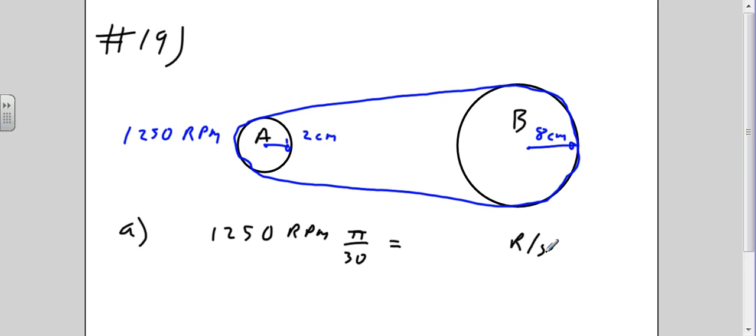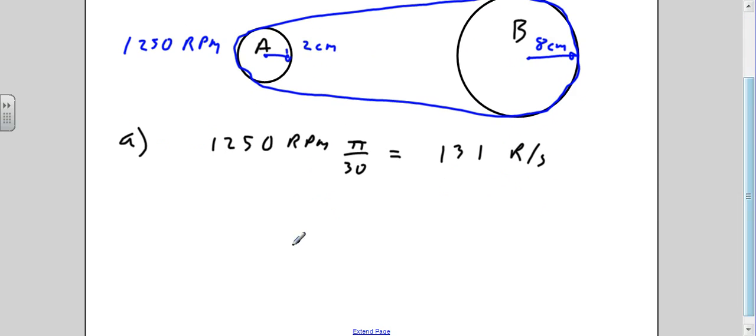So I've got 131. And I have 3 significant digits, so I'm only going to go with 131 radians per second. Now, if my sector length is r theta, then what do you think the velocity is going to be?